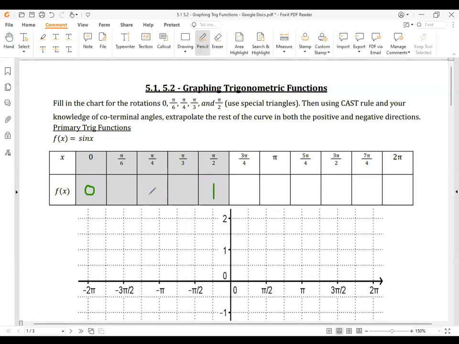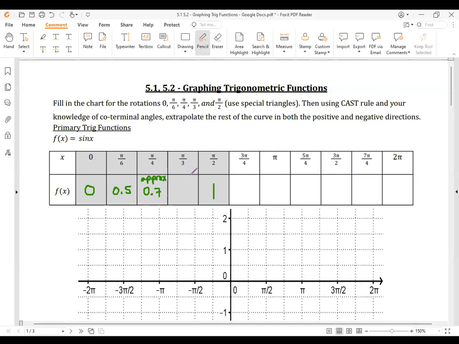So for the sake of my graph, I'm going to say about 0.7. Whether I mark 0.7 or 0.71, I don't think you'll be able to tell. So I'm going to say approximately 0.7. Okay? Pi over 6 is exactly half, which is 0.5.